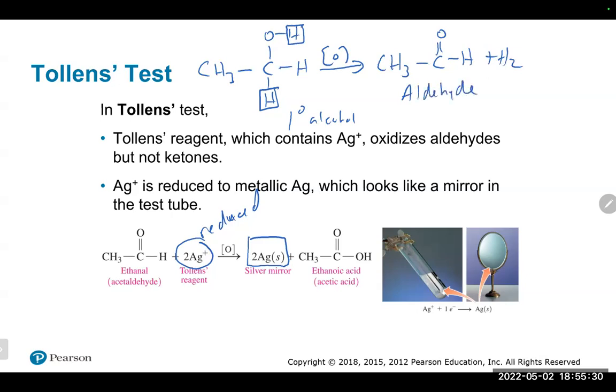If you remember, we could then take this primary alcohol that's now become an aldehyde and oxidize it one more time. This oxidation introduces oxygen, and again, remember, that's another definition of oxidation. It introduces the oxygen at the end here, and this makes what is known as a carboxylic acid.